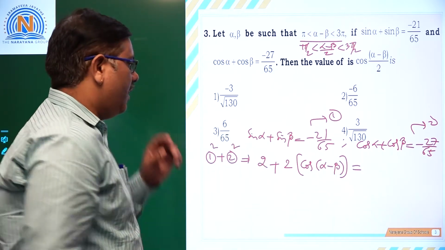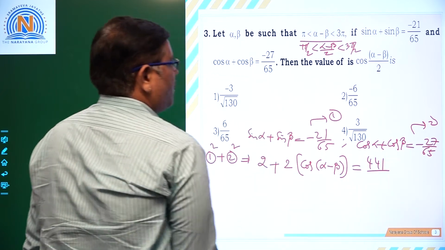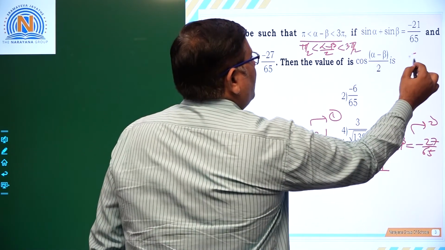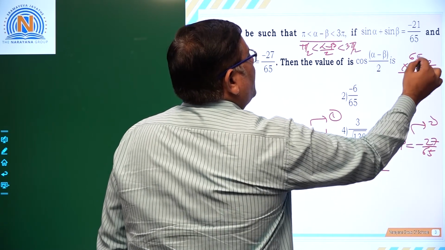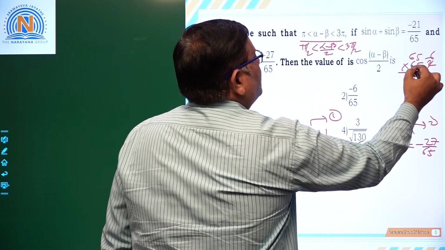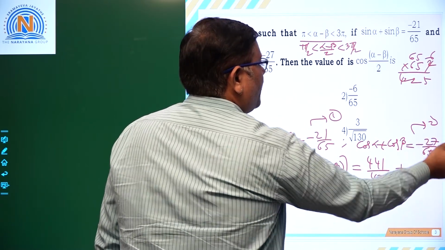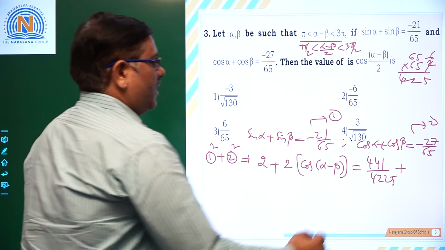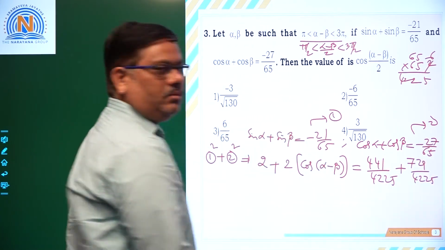That is going to be minus 21, that is 441 by 65 square. What is the square of 65? 65 times 65 is 4225. Plus 27 square by 65, that is 729 by 4225.